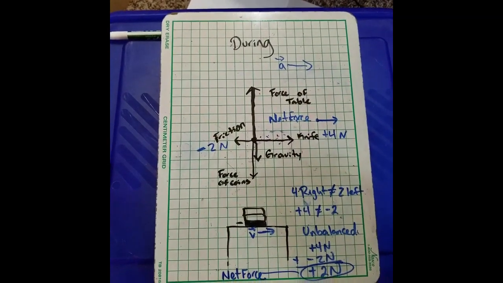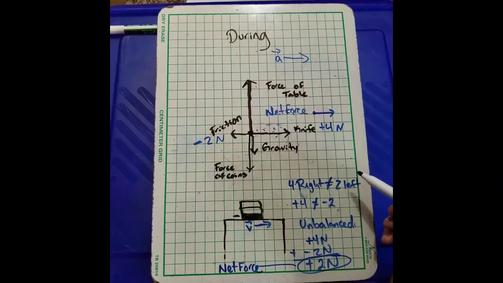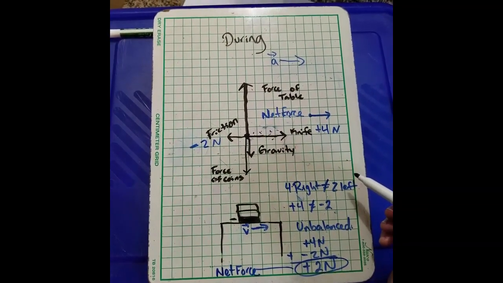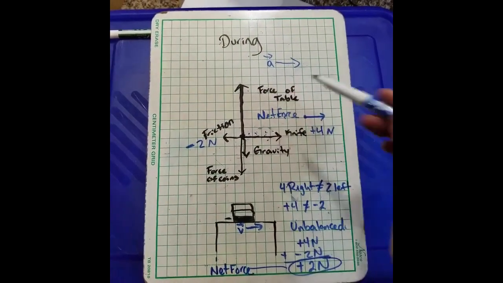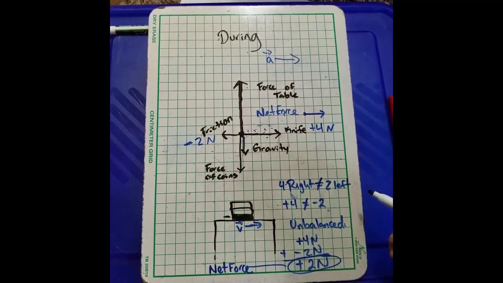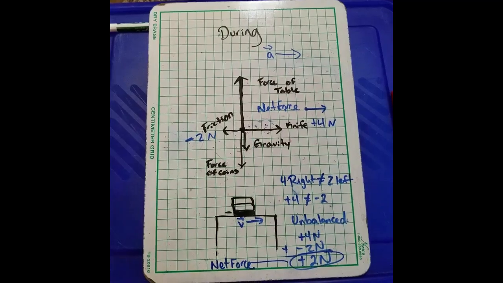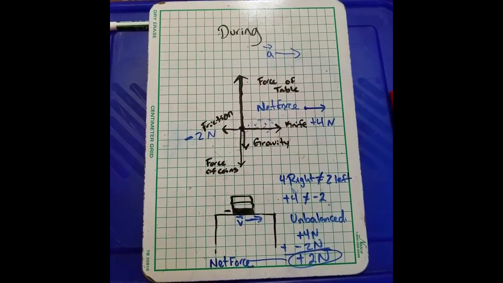So this is the situation while the coin is being hit. How big the acceleration is, I don't know. I'd have to do the math and weigh the coin. So I'm going to pause here and set it up for the after.